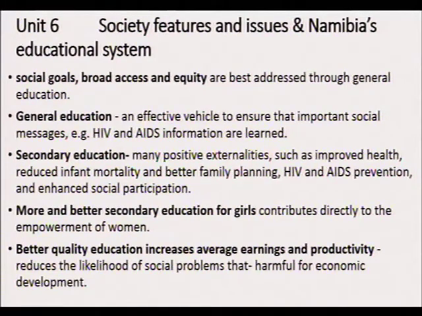In secondary education, for instance, there are many positive externalities such as improved health, reduced infant mortality, better family planning, HIV and AIDS prevention, and enhanced social participation. Also, through more and better secondary education for girls, we can empower them. Education also increases the average earnings and productivity and reduces the likelihood of social problems that are harmful for economic development.